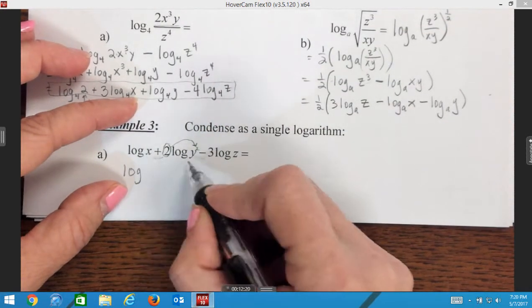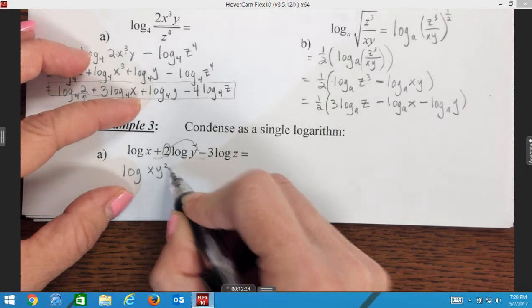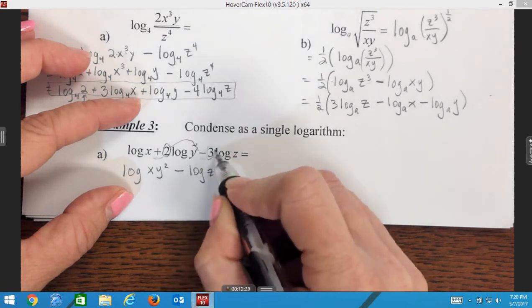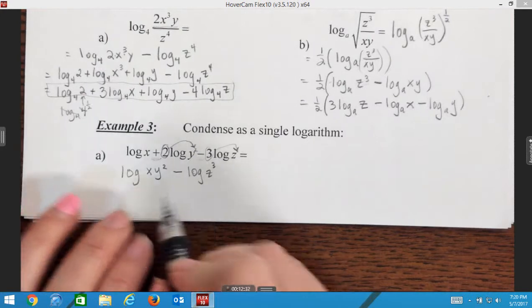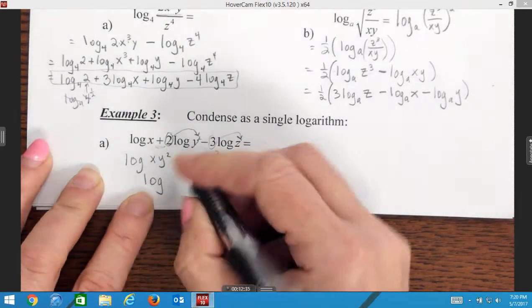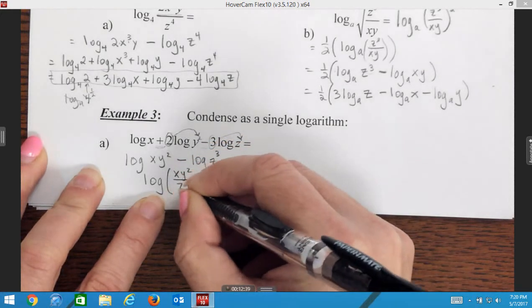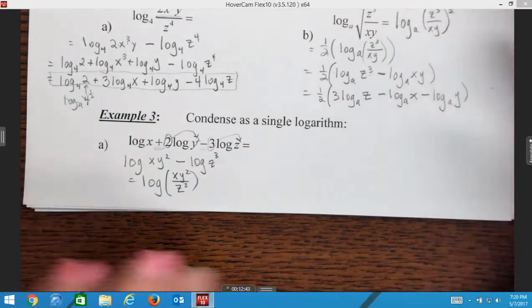And then when I condense these together, we'll have x and y squared. And I'm going to move that cubed up to the z also. And then from here, we're going to subtract. So we'll have log of xy squared divided by z to the third. So that would be condensed.